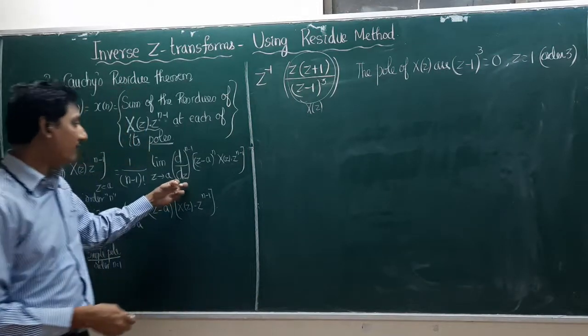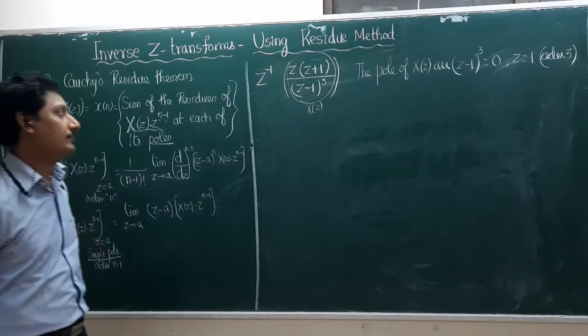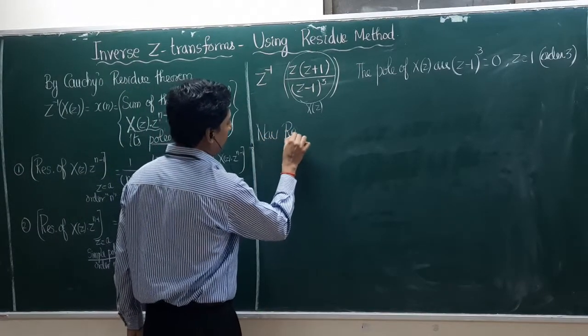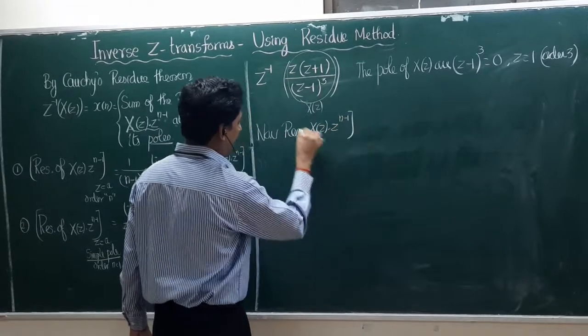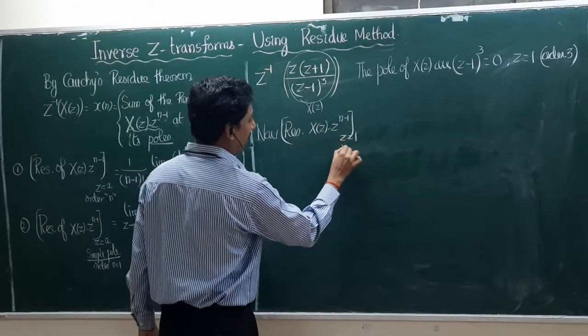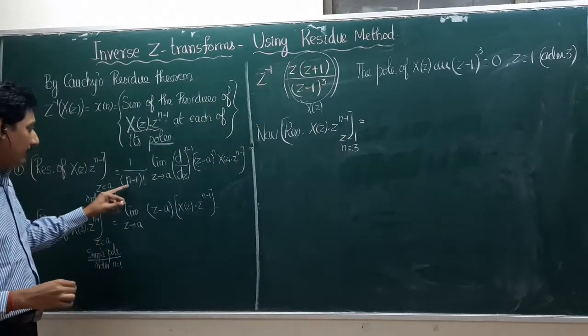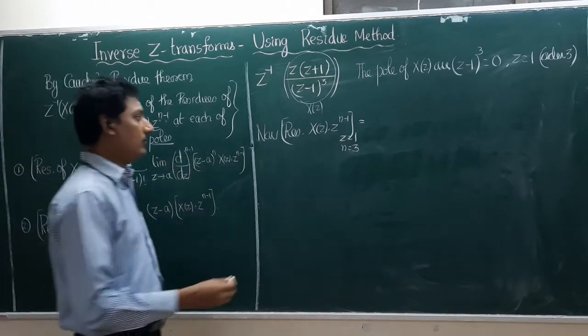So we can use the first formula, with n equal to 3 and a equal to 1, and we will get the answer. So let us see that. Now find out the residue of X of z into z power n minus 1 at the pole z is equal to 1 and the order n is equal to 3. So n means n minus 1 factorial, n minus 1 times differentiation. Now this time n equal to 3.